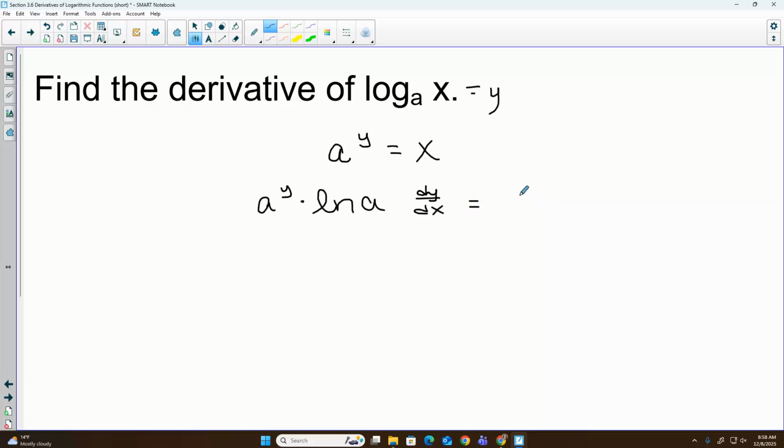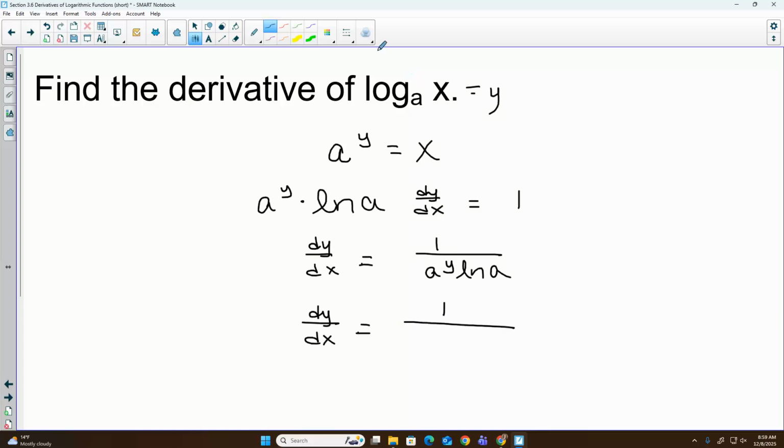It equals the derivative of x, which is 1. So if I were solving for dy/dx, it's 1 over a to the y times the natural log of a. Or, if I didn't like something in terms of y, we can clean this up a little bit.